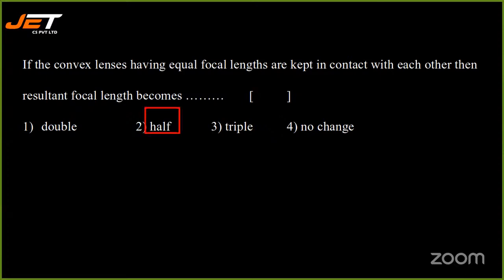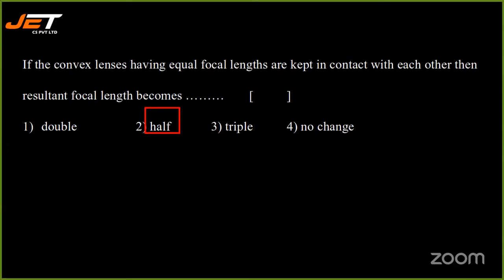So you should read the question properly so that you will be able to understand. If convex lenses having equal focal lengths are kept in contact with each other, then the resultant focal length becomes what? Once again, I will explain because I think no one understood this. Basically, you are putting two focal lengths together and making it one.